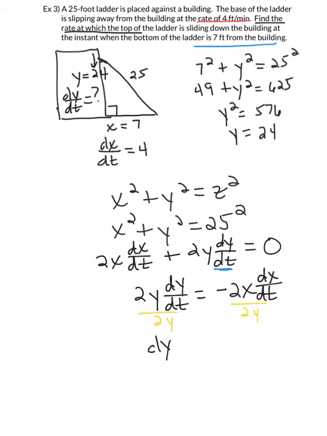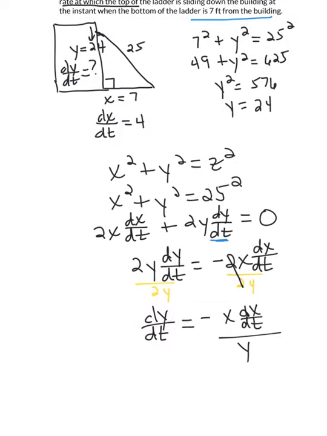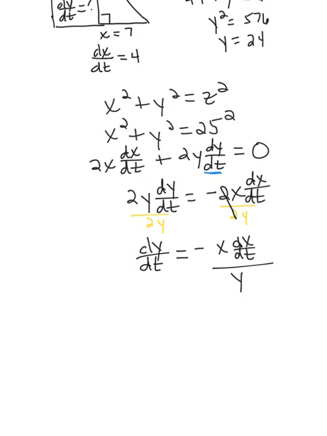So dy/dt is going to equal, now notice over here, 2 over 2 is 1. So we get negative x dx/dt over y. Now that we know what dy/dt equals, we're going to substitute in the numbers that we were given.